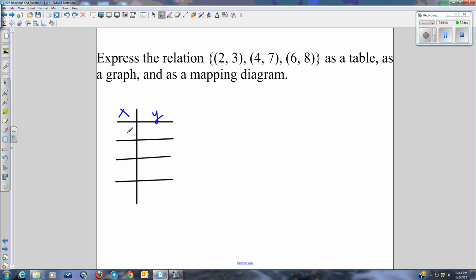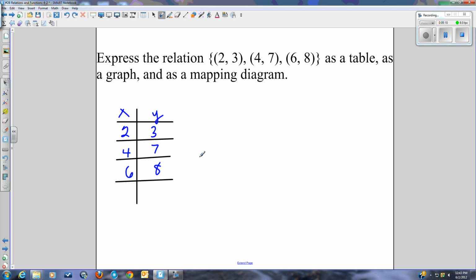The x values, if you look at your points, are 2, 4, and 6. The y values are 3, 7, and 8. So it takes care of 2, 3; 4, 7; and 6, 8.